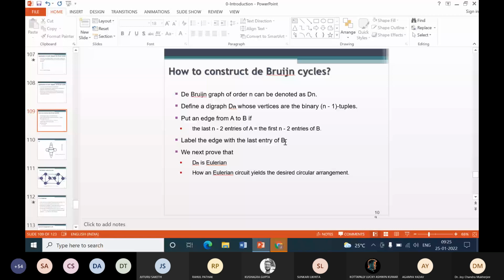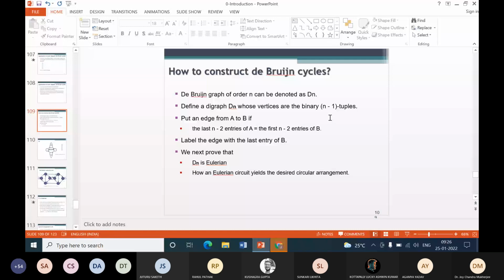Okay, so basically what are the steps? There are basically three steps: creating the vertices, creating the edges, and assigning the weight to the edges. So how do we create the vertices? If n is 3, then n minus 1 is 2. So I will create all 2 to the n minus 1 combinations as my vertices.